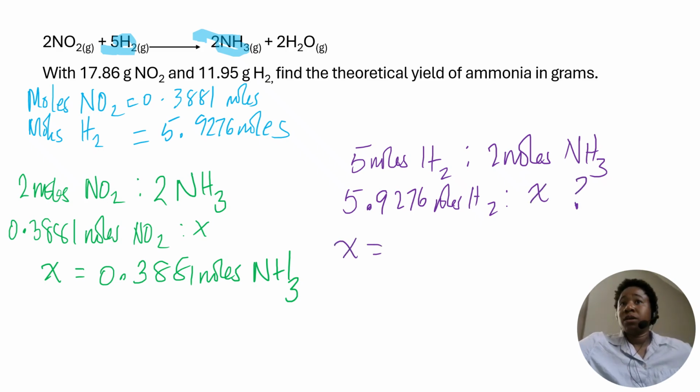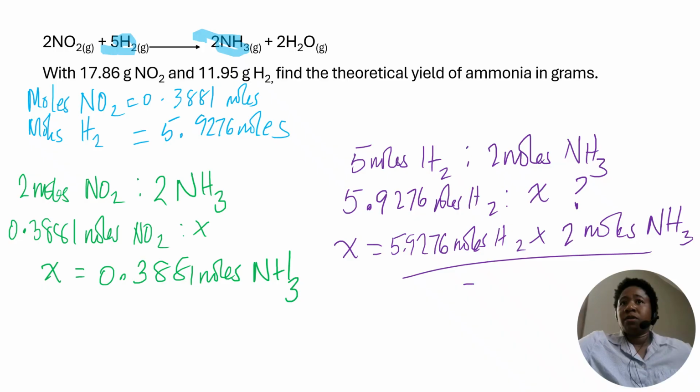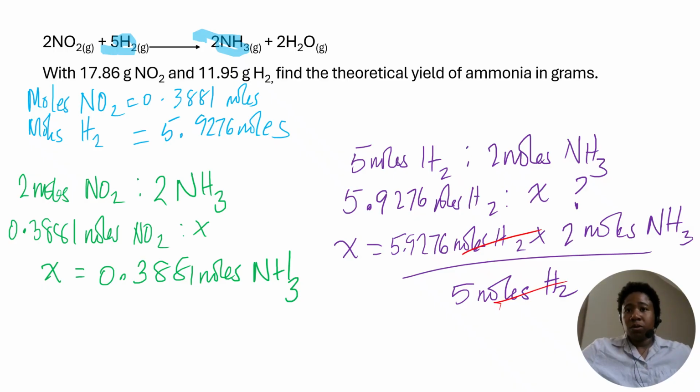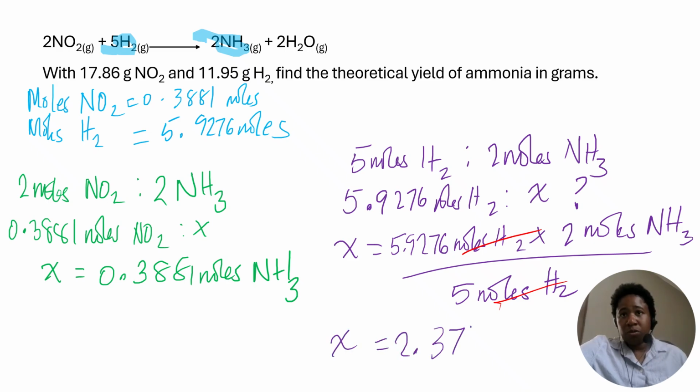We're going to cross multiply, so this will be 5.9276 moles hydrogen times 2 moles ammonia, divided by 5 moles hydrogen. And we could begin to see that the moles hydrogen will cancel out and we'll be left with moles ammonia. So when we plug that into our calculator, we see that that's equal to 2.3710 moles of ammonia.